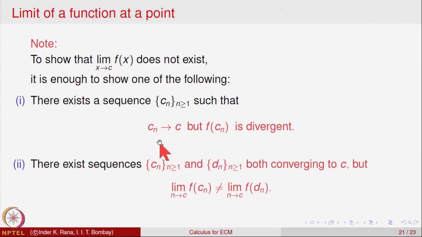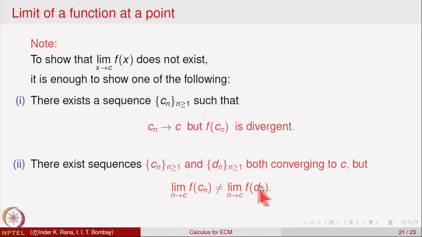Or at least I should be able to produce two different sequences c_n and d_n, both converging to c, whose image sequences converge, but to different values. So, f of c_n also converges, but the value to which it converges is not the same as where f of d_n converges. So, they are different.